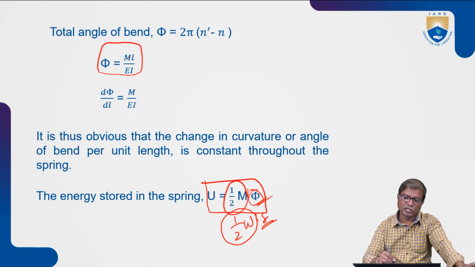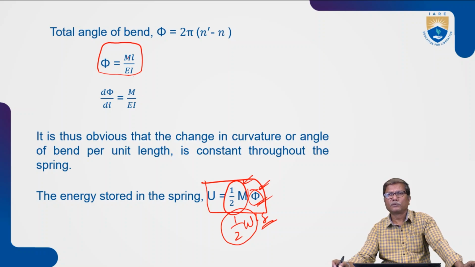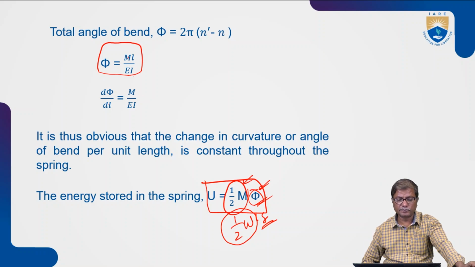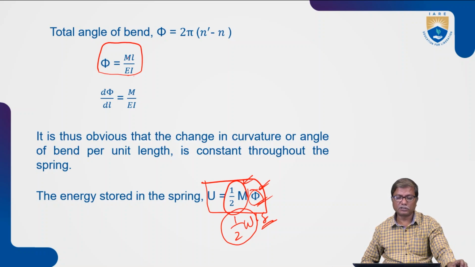Here average moment multiplied by angle phi, that is the angle of bend. So when it is subjected to axial twist M, these are the expressions we arrive at. We need to remember.